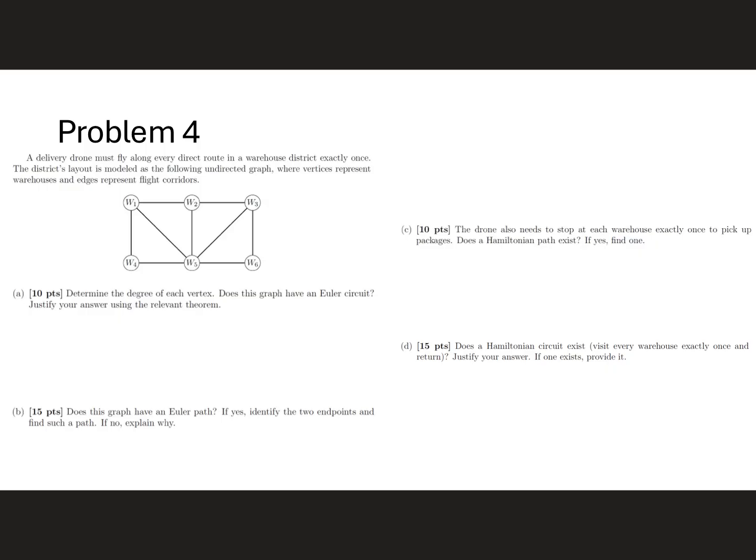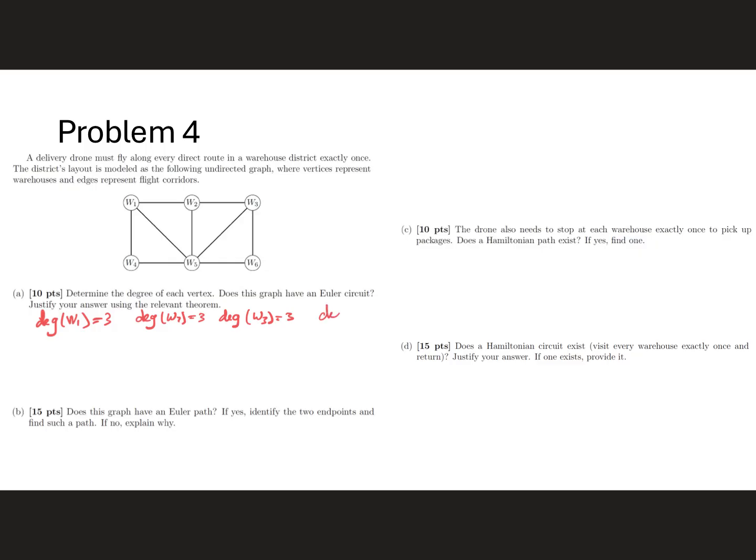So degree of vertex W1 equals 3. Degree of W2 equals 3. Degree of W3 equals 3.